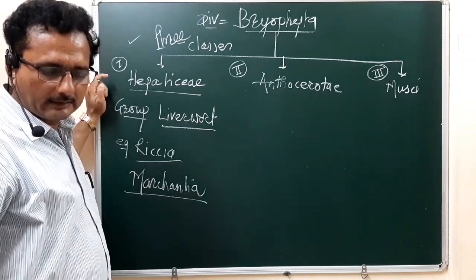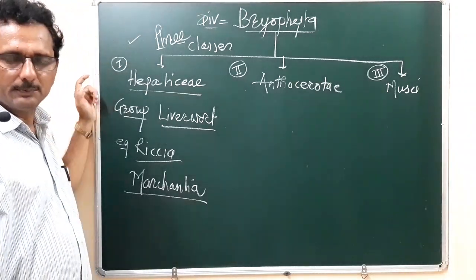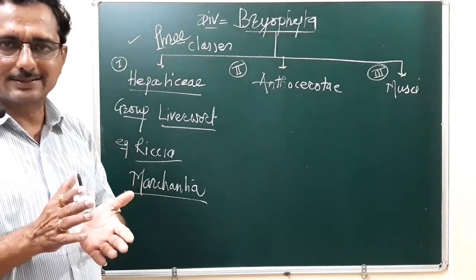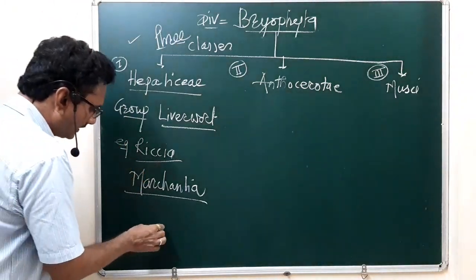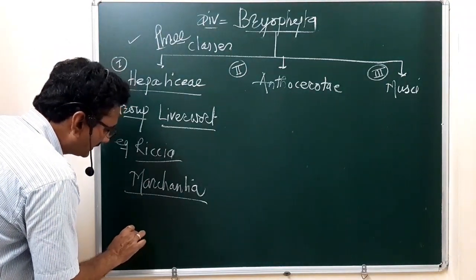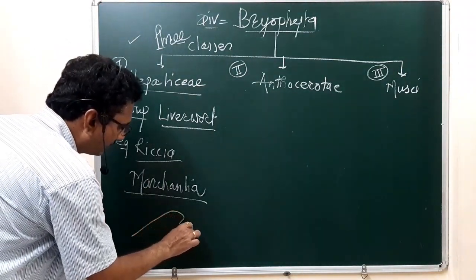So what is the characteristic feature of this liverwort? In the case of Riccia and Marchantia, the thallus is dorsiventrally flattened.